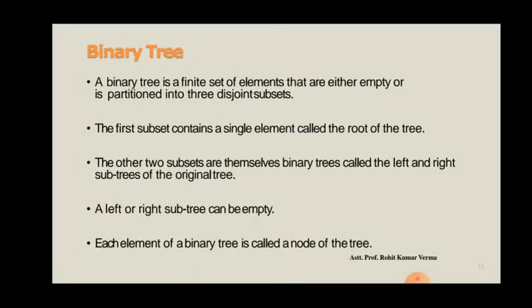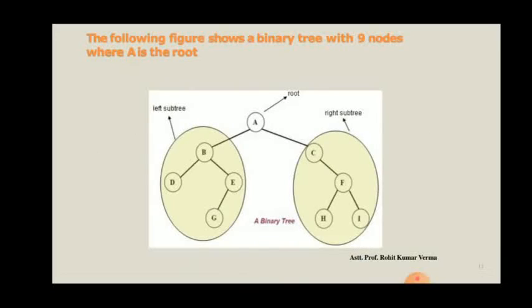The first subset is known as the root of the tree, the second subset is known as the left subtree and the third subset is known as the right subtree. Dear students, remember the left and right subtree can be empty. In this image we have a root node, a left subtree and a right subtree, and the maximum number of children of a node in a binary tree is 2.